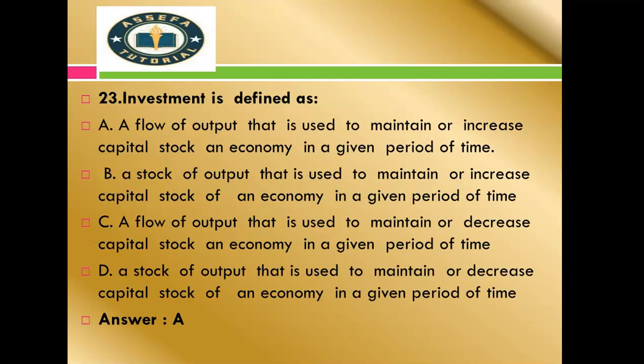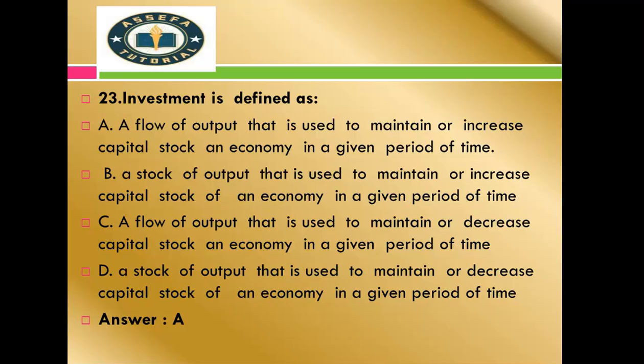So, investment is defined as: A, flow of outputs that are used to maintain or increase capital stock in the economy in a given period of time. B, stock of outputs that are used to maintain or increase capital stock for the economy in a given period of time. C, flow of outputs that are used to maintain or decrease capital stock in the economy in a given period of time.